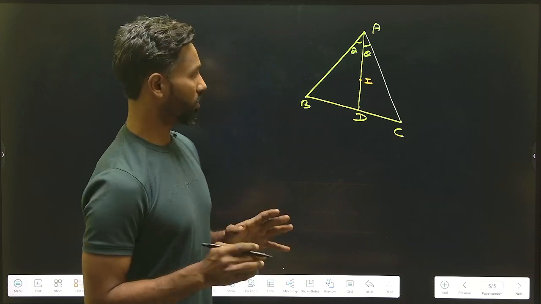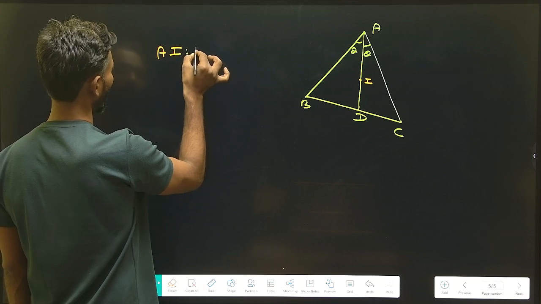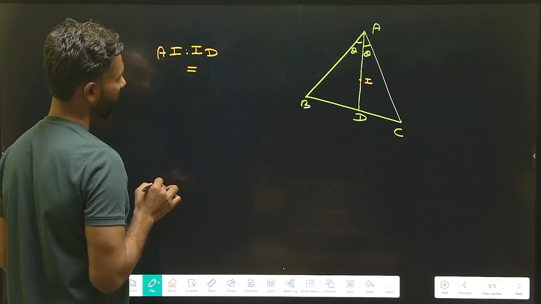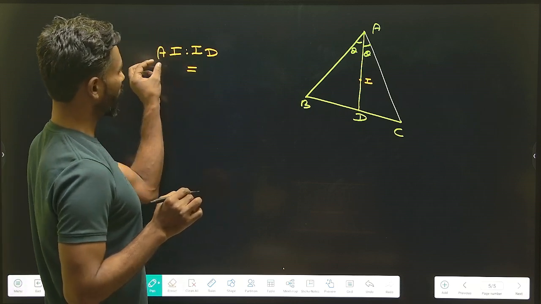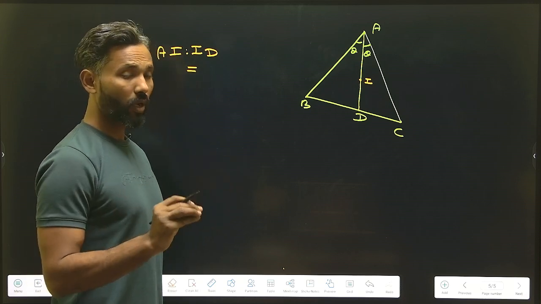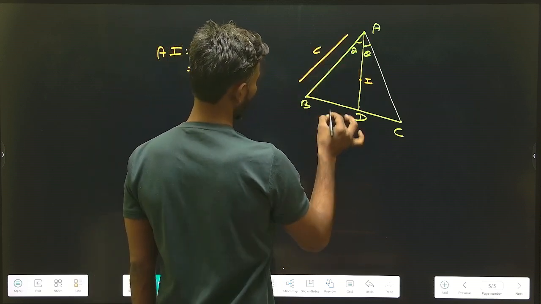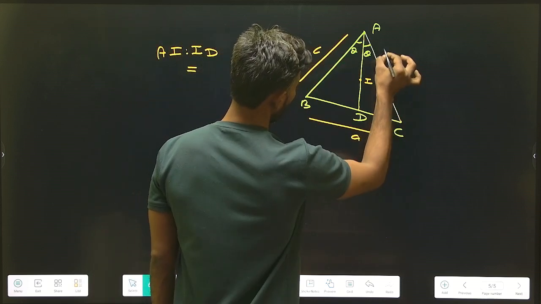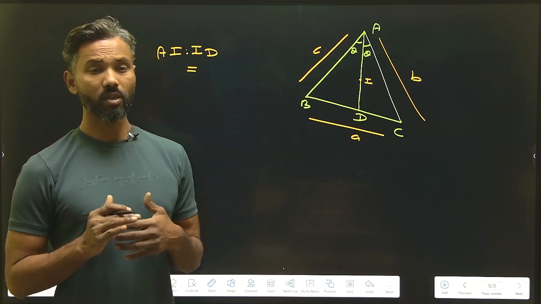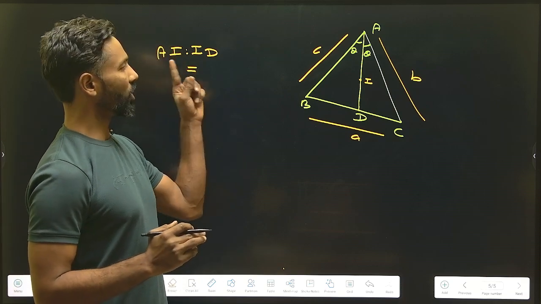So always remember, AI ratio ID will be equal to, and for the calculation of these ratios the examiner is going to provide you the length of all three sides. Suppose the length of this side is C, this side is A, and this side is B. So the lengths of all three sides of the triangle are provided, and we have to calculate AI ratio ID.